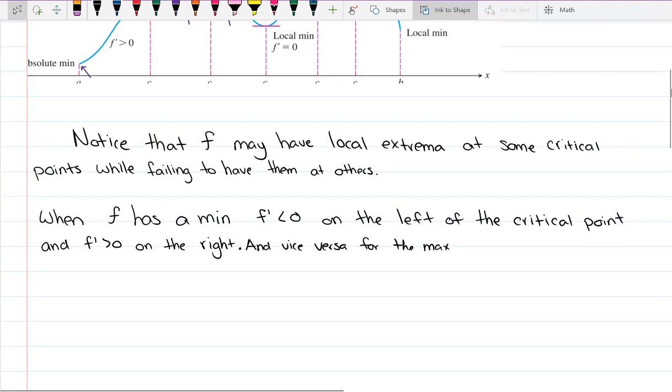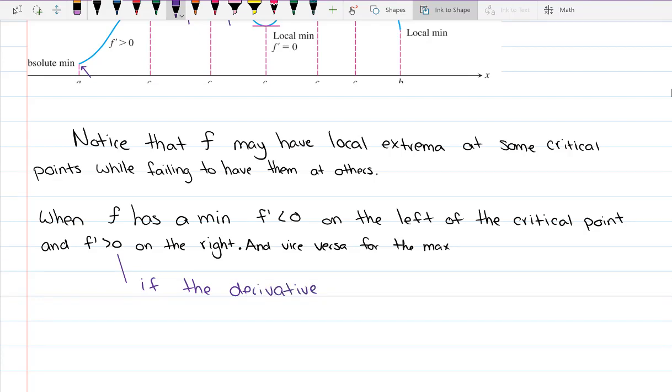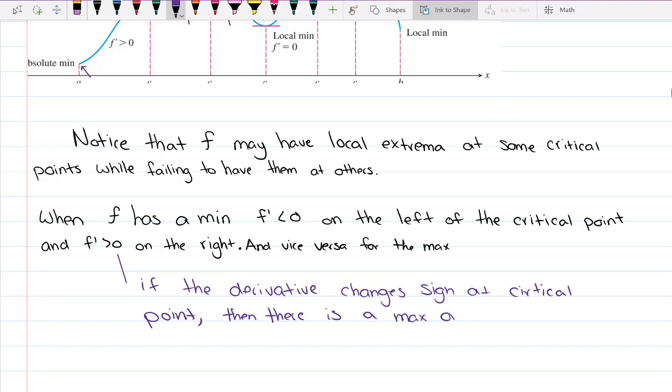As we just talked about, what this means is, if the derivative changes sign at a critical point, then there is a max or min. And that's something we've been talking about using the first derivative test and the sign charts.